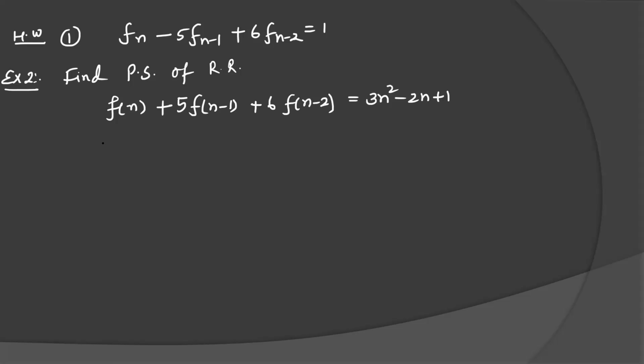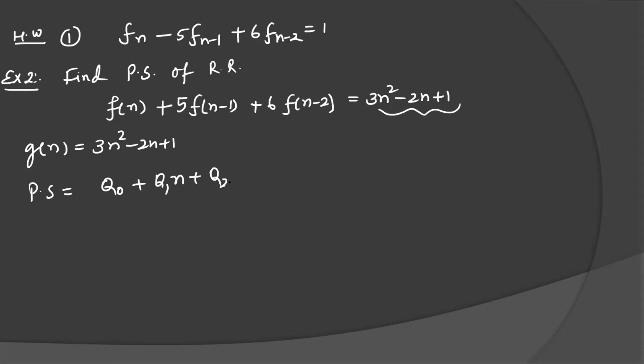Now you can see the given recurrence relation is in variable n and the right hand side is a polynomial of degree 2. So using case 1, the particular solution will be q naught plus q1 n plus q2 n square.